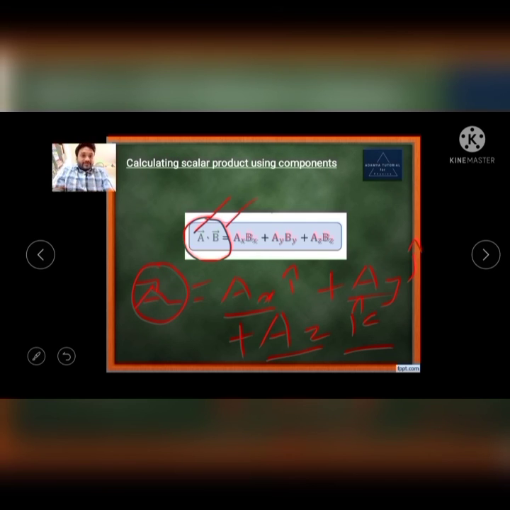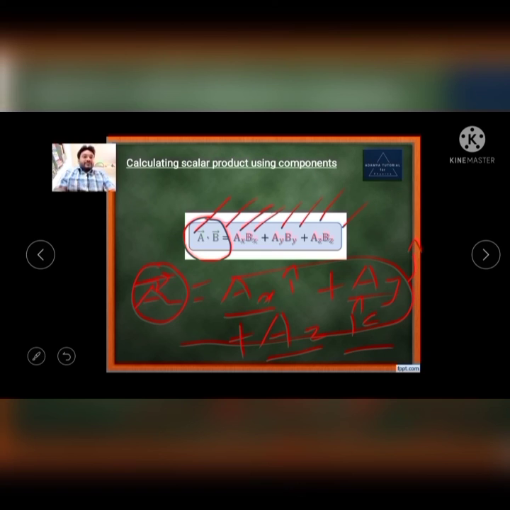So in case the vector A is given in terms of its components along the x, y and z axes, and B is also given in terms of x, y and z axes, in that case the scalar product is the component of vector A along the x axis into the component of vector B along the x axis, plus the component of vector A along the y axis into the component of vector B along the y axis, plus the component of vector A along the z axis into the component of vector B along the z axis.